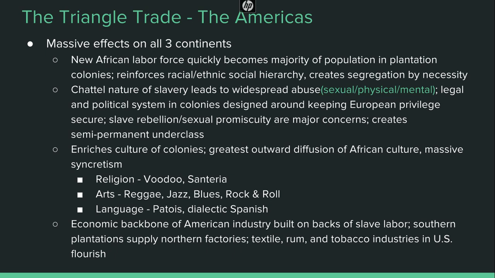Southern plantations operate through slave labor, but those southern plantations also supply northern factories. So the textile, the rum, and the tobacco industries in the United States flourish only because there is African slave labor driving that agricultural process.